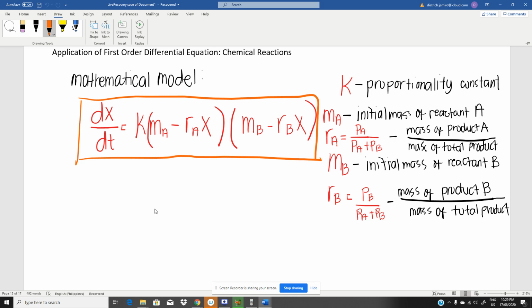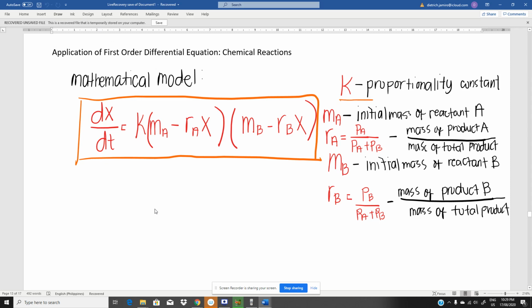(Mb minus Rb times x), where k is our proportionality constant and Ma is equivalent to our initial mass of reactant A. Then our Ra is equivalent to Pa all over Pa plus Pb, meaning our mass of product A all over the total mass of our product.